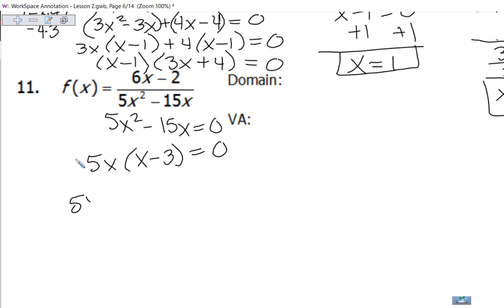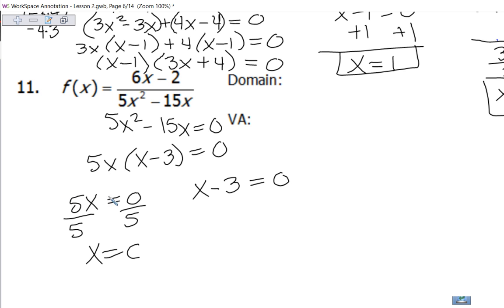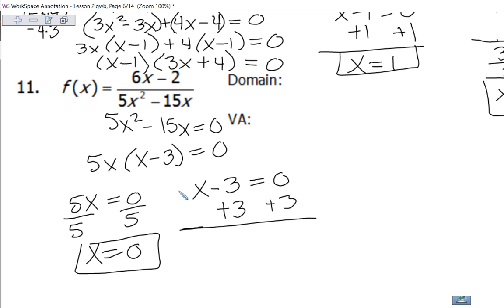So 5x, set it equal to 0. X minus 3, set it equal to 0. Divide both sides by 5 for the first equation. And what's the first asymptote? X equals 0. Over here, add 3 to both sides. And what's the second vertical asymptote? X equals 3.